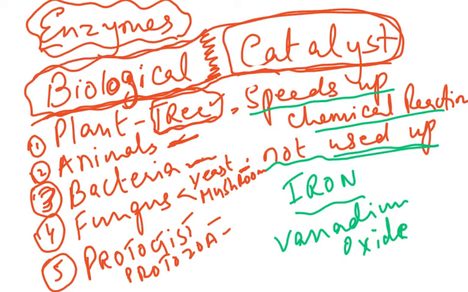And biology is made up of two branches. One is called botany, and the other is called zoology. Zoology is about animals, and botany is about plants. Some of you don't like studying a lot of botany, but it's interesting.